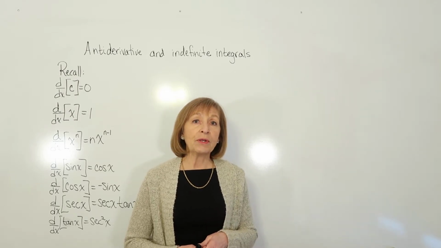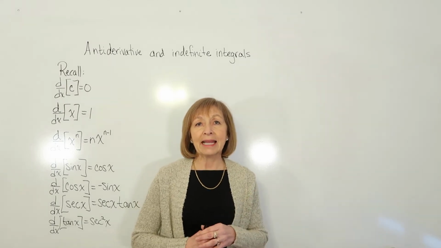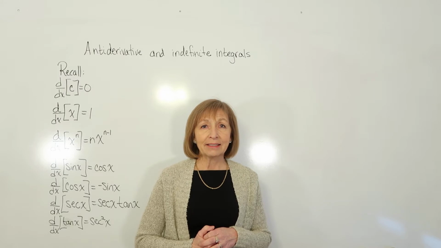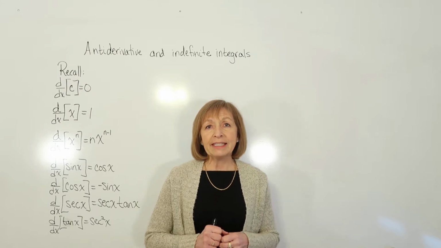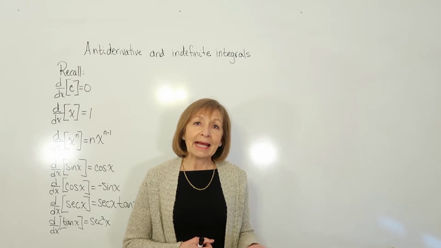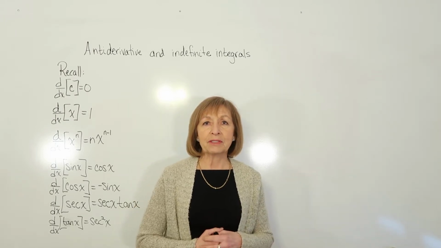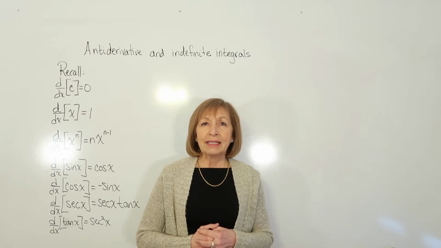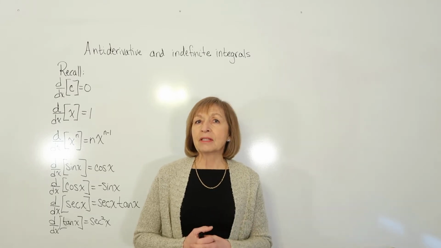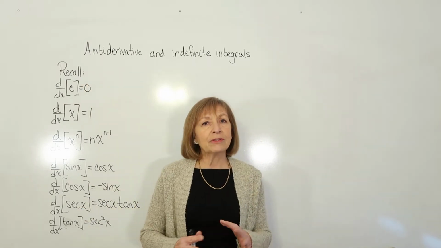And so we need to always remember to put plus c for plus a constant in case the original function had that. So when we're actually finding our antiderivative, we are looking at a family of functions as the answer to that specific question.